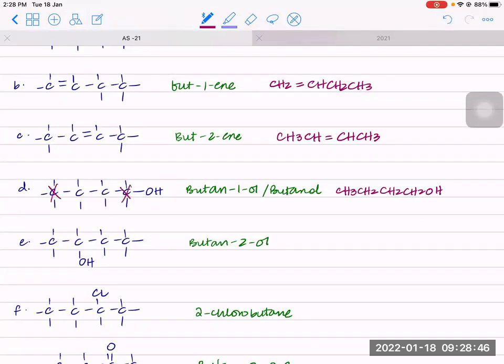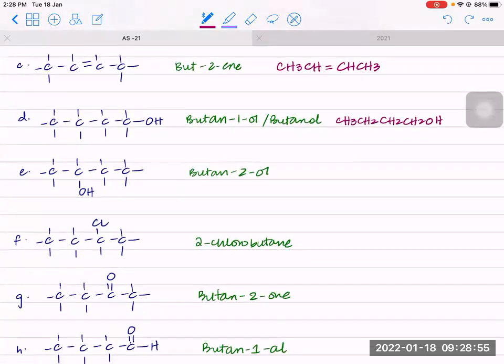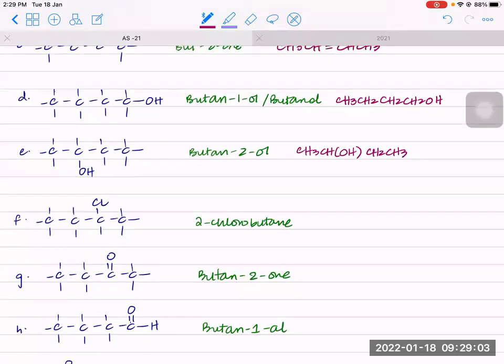First and last are called terminals. If you have a more than 1 atom side chain attached on those carbons, you do not put in brackets. Now E, the OH appears in the middle of the molecule, so you will put it in a bracket. CH2, CH3. This would be CH3, CH2, CHCl, CH3.